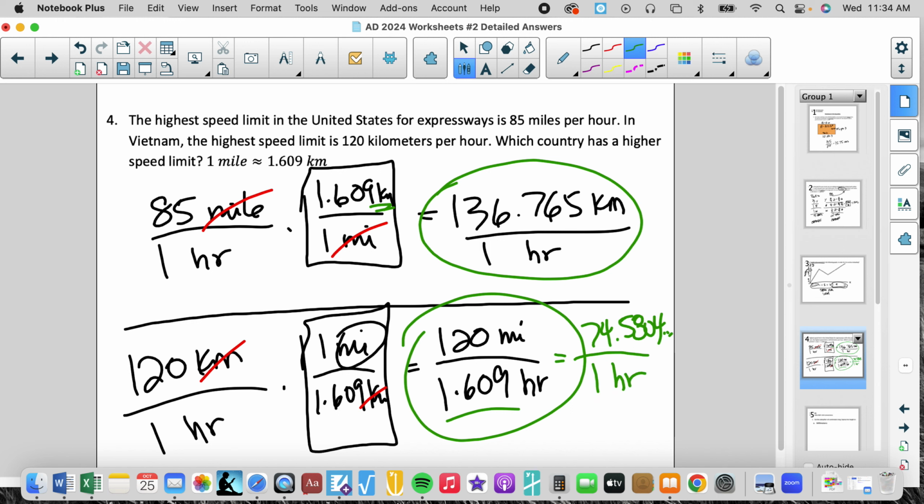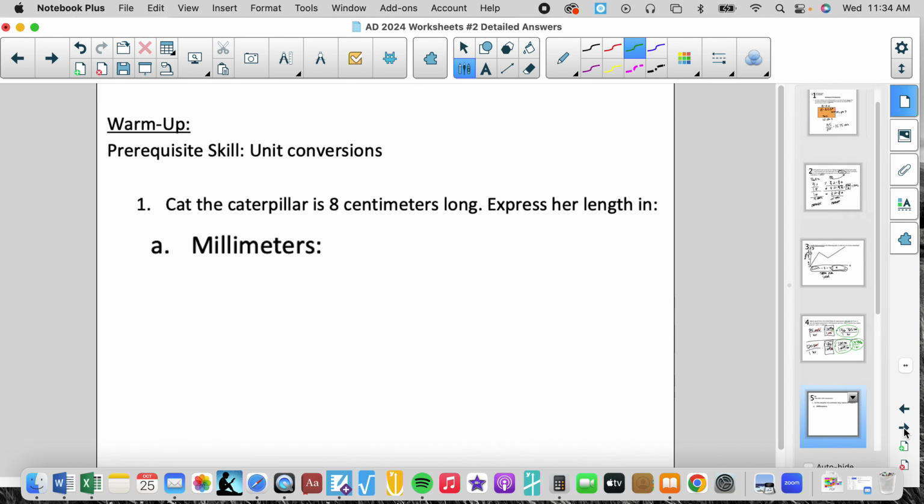So now we know that this is smaller than my 85 miles per hour. So this is miles per hour. That works. Both of them corroborated. That's a tough word.